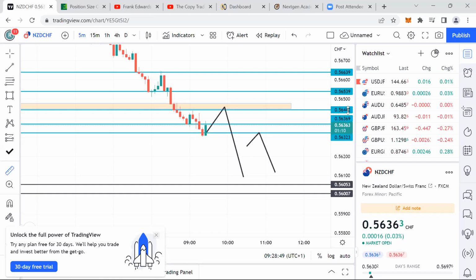That's TP1. TP2, you deduct 50 from 44. That would be 0.55942. That would be TP2.